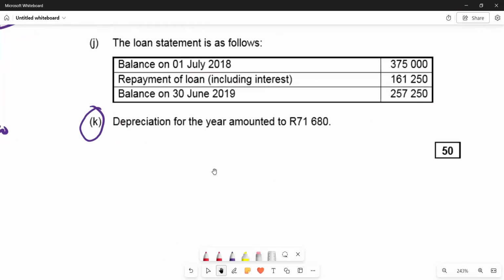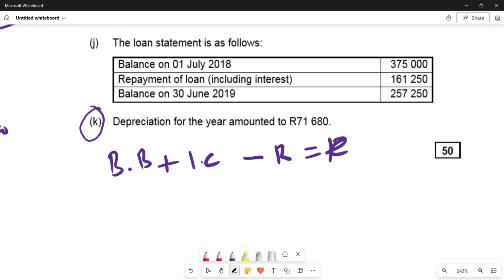We come here, we see that we are given the loan balance at the beginning and at the end, and we are given the repayment of loan including interest. So the formula that we use is balance at the beginning, we add interest capitalized, we subtract repayments, and then we get the balance at the end.